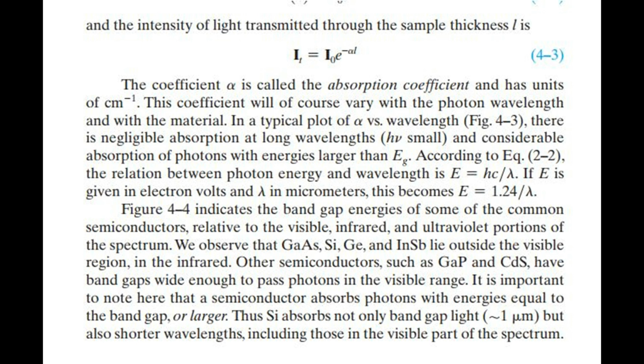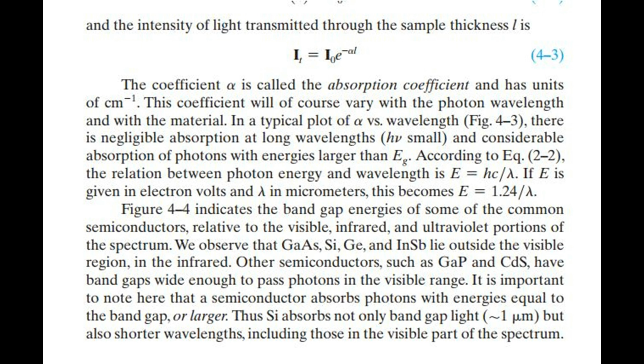Figure 4.4 indicates the band gap energies of some of the common semiconductors, relative to the visible, infrared, and ultraviolet portions of the spectrum. We observe that gallium arsenide, silicon, germanium, and indium antimonide lie outside the visible region, in the infrared.